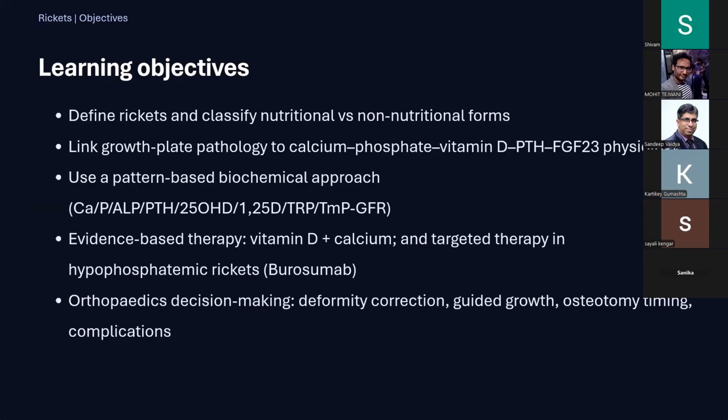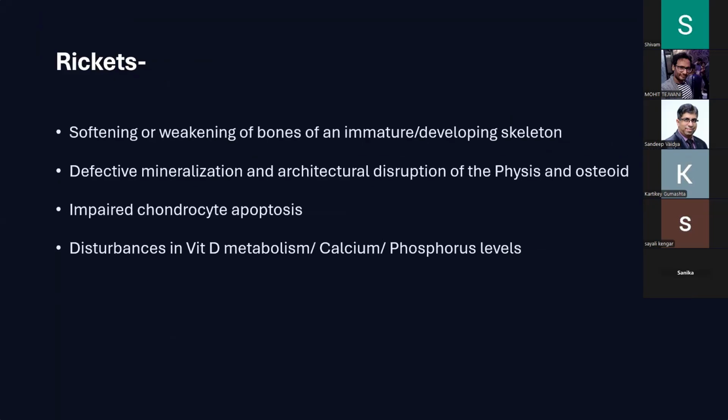Further, we will discuss vitamin D and calcium and targeted therapy in different kinds of rickets, like burosumab in hypophosphatemic rickets. Later on, we'll discuss the orthopedic decision making of deformity correction, guided growth, osteotomy, timings, and orthopedic related problems with rickets.